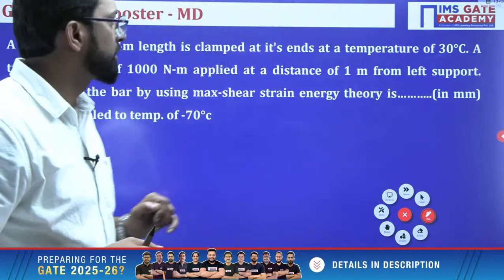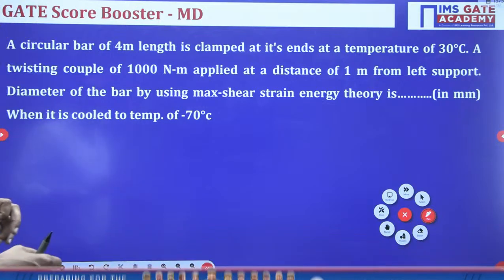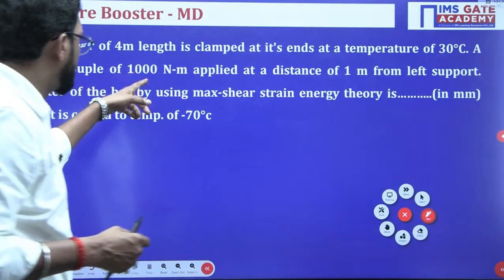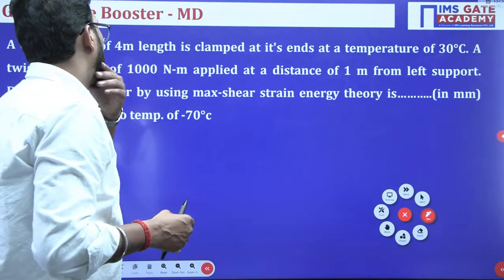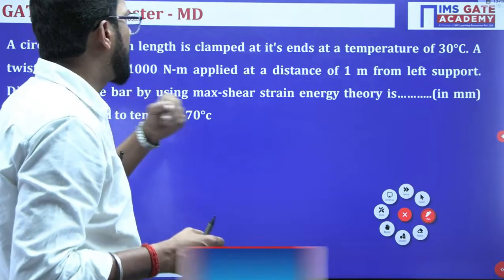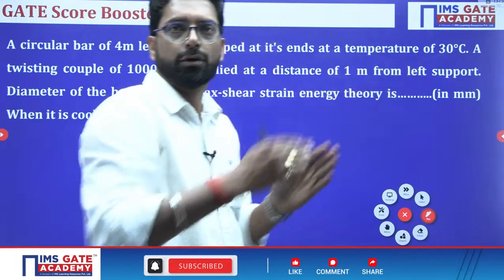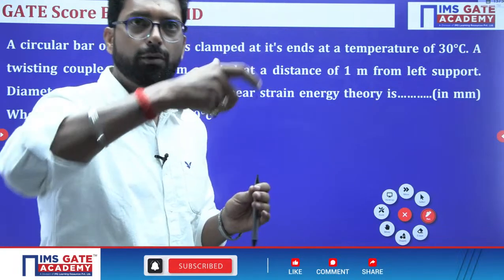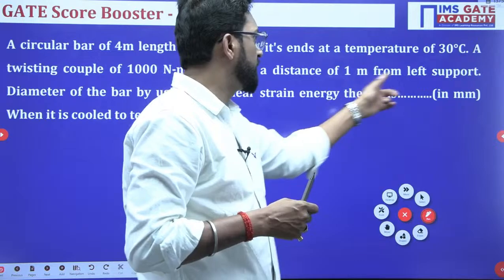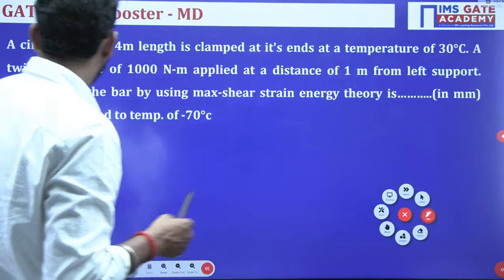Along with that, a twisting couple of 1000 Newton meter is applied at a distance of 1 meter from the left support.